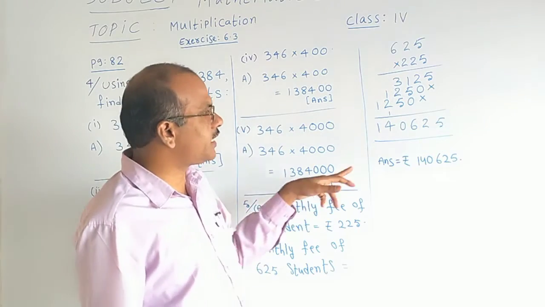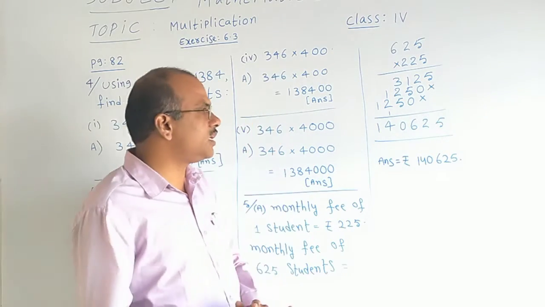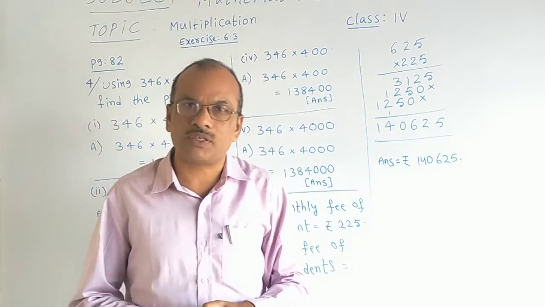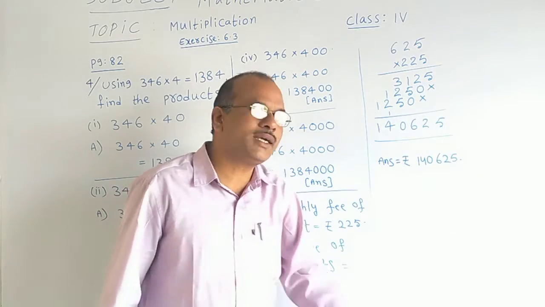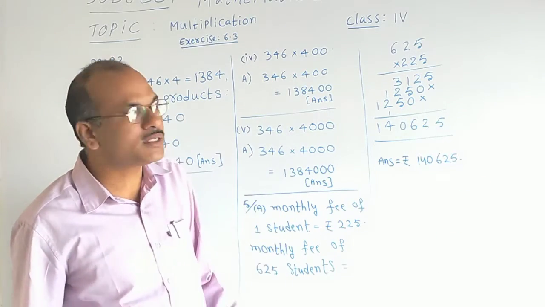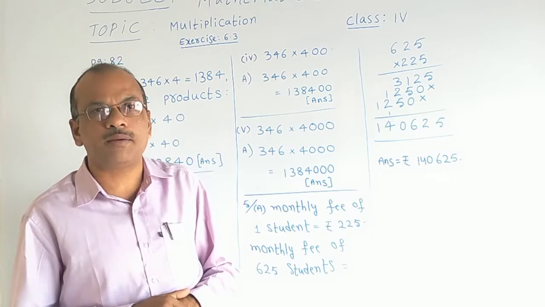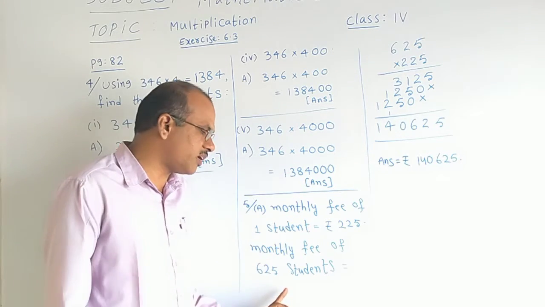Now finally we got the answer in rupees, that is 1,40,625 rupees. That is the total fee collection for 1 month for 625 students.